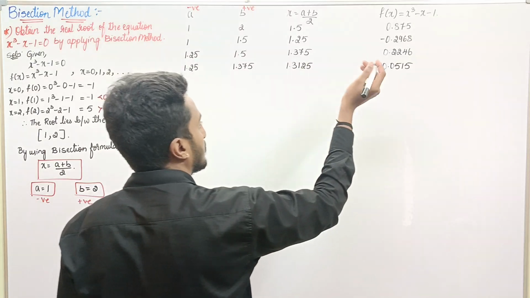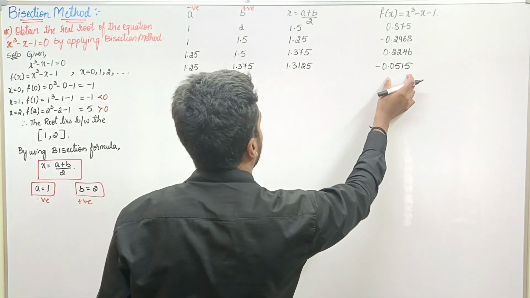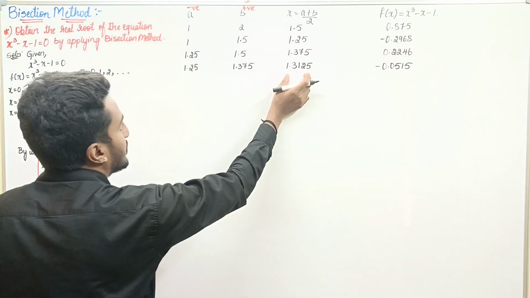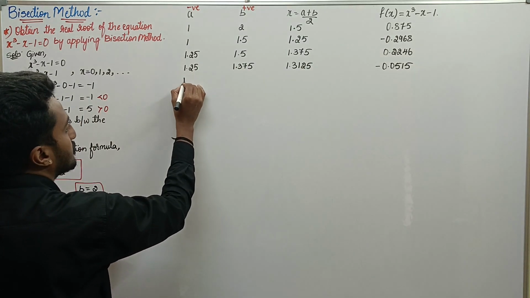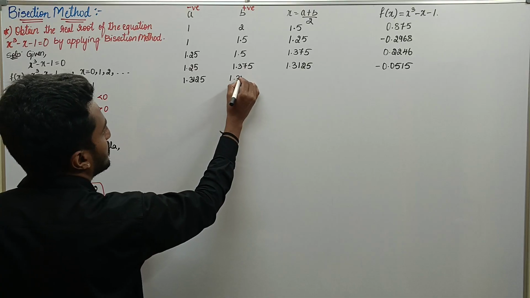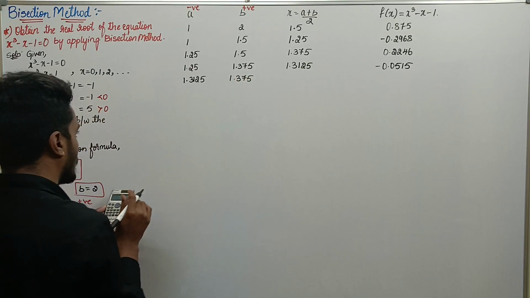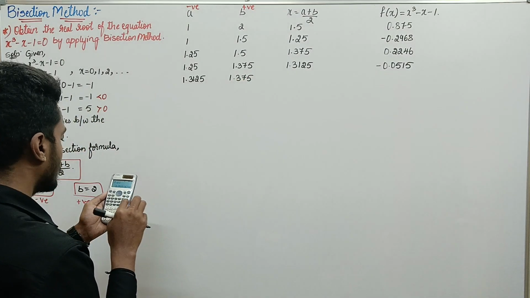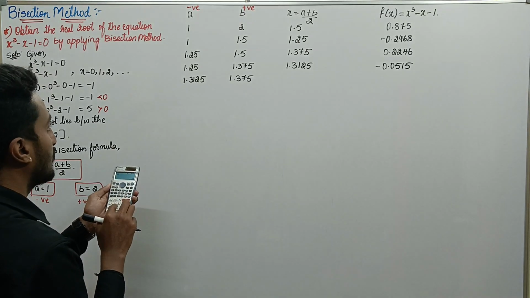Done. Since I am getting a negative term, minus 0.0515, this will be replaced in place of negative, that is 1.3125, and 1.375 remains constant. Got the point? Yes.